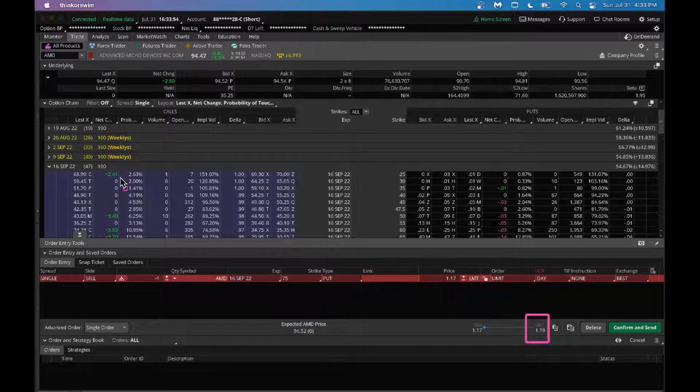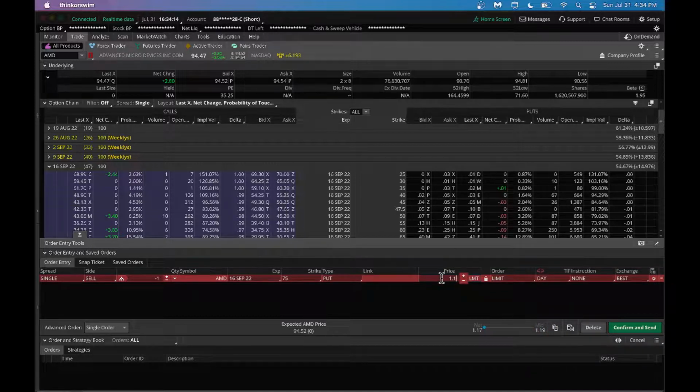If the stock stays above say $75 before 16th of September, which is 47 days out, you get to keep that $119. Look, midpoint is 119.